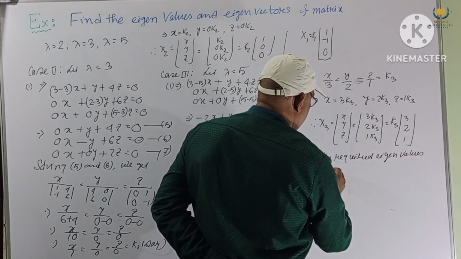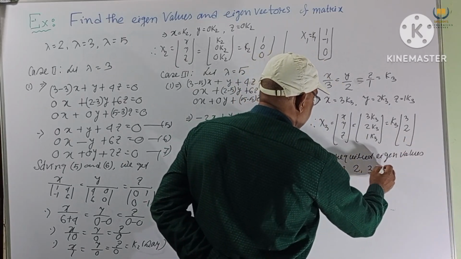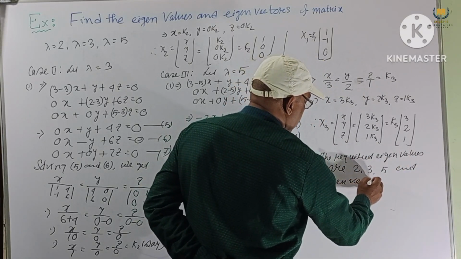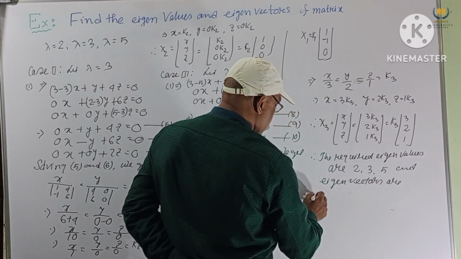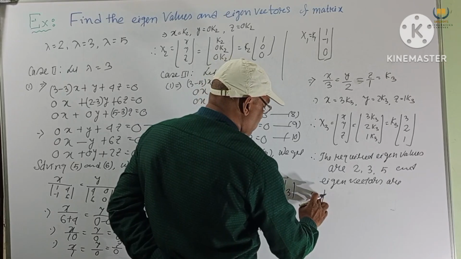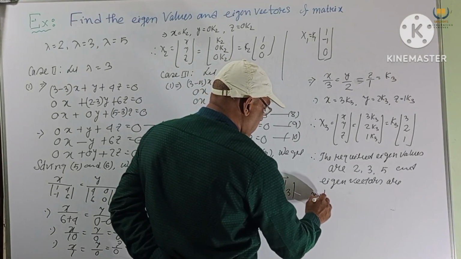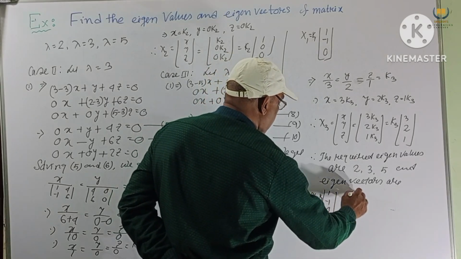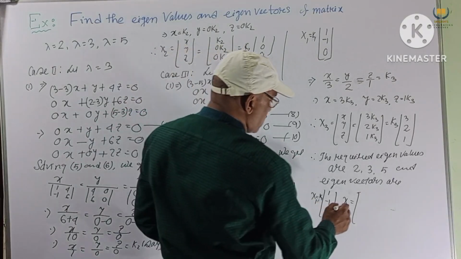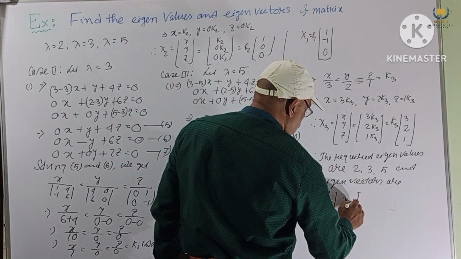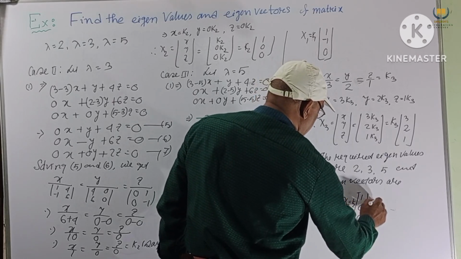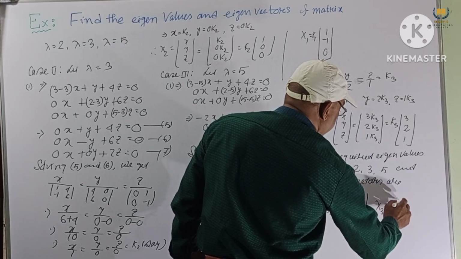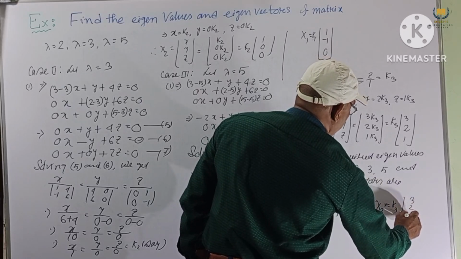Therefore, finally we get the required eigenvalues are 2, 3, 5 and eigenvectors are: one is x1, this is k1, 1 minus 1 0, x2, this is k2, 1 0 0, and x3, this is k3, 3 2 1.